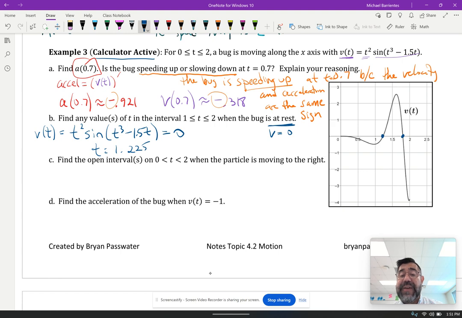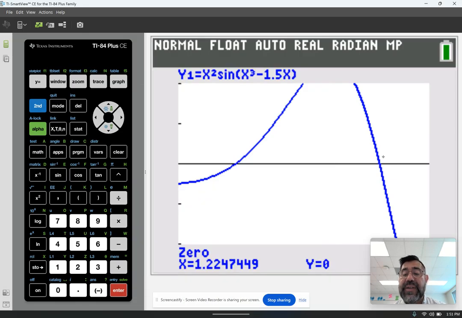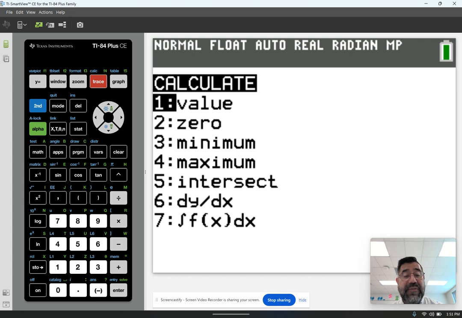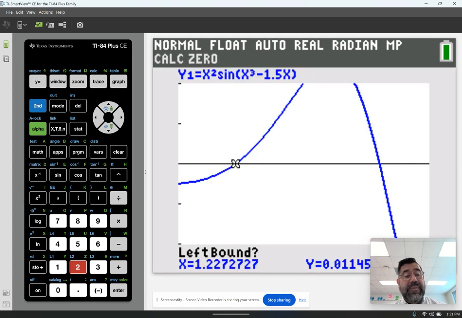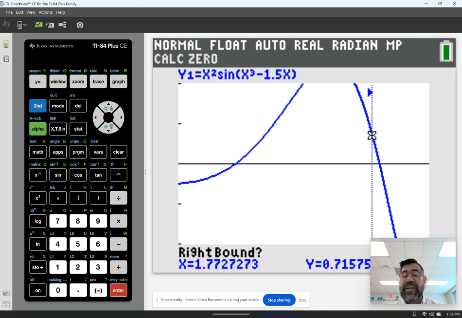We saw it in the graph that was given to us, and we saw it on the calculator. There's another spot over here. So now I have to do this again and move my cursor to the right. So I'm going to trace. I'm going to say, let's find a 0. So I'm going to move to the right, but I'm going to be on the left side of where the 0 is. Press enter and it's going to draw the line.